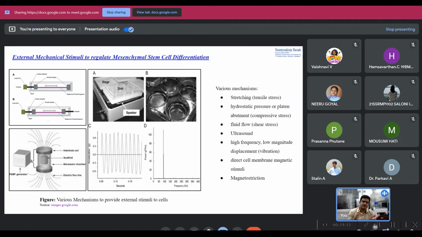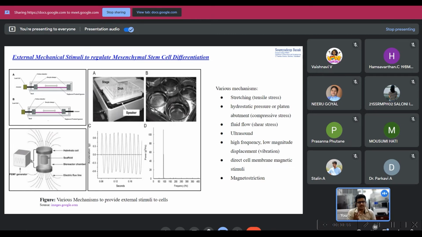This phenomenon, constriction upon magnetic field induction, we can call magnetostriction. So this magnetostriction phenomenon of ferrogels can also be used for stem cell differentiation. So magnetic field as well as physical stretching.